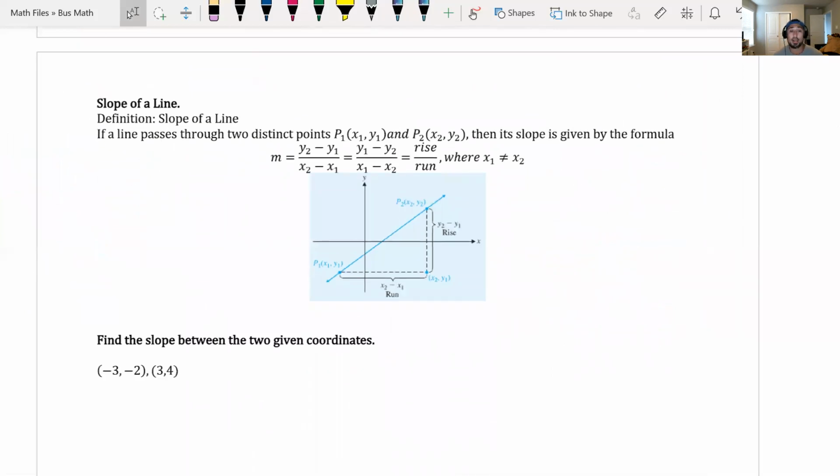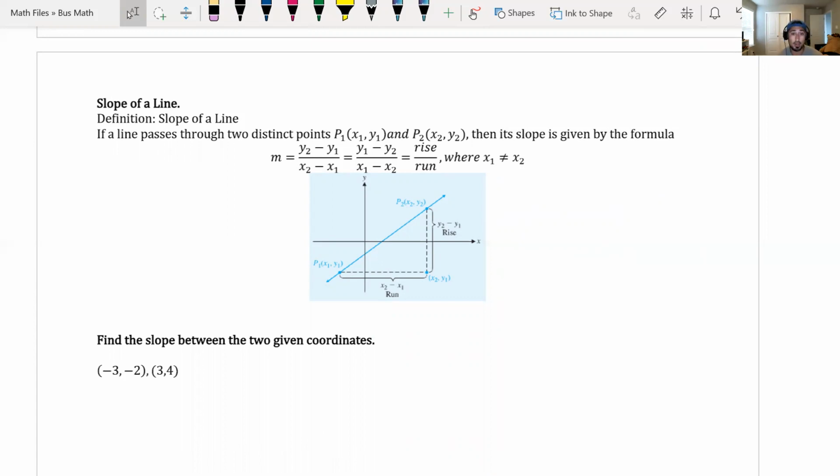All right. Next, we get into the definition of slope. You've probably heard of slope before. If a line passes through 2 distinct points, (x1, y1) and (x2, y2), then its slope is given by the formula m equals (y2 minus y1) over (x2 minus x1), or (y1 minus y2) over (x1 minus x2), which we always know as rise over run, right?